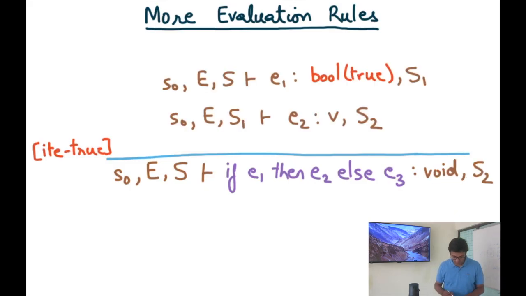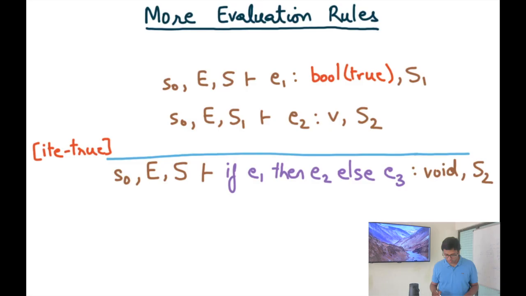This is the first rule, called if then else true, and it basically says that you first evaluate E1 in the same context S0, and if it evaluates to Boolean value true and side effects captured in the store S1, then you evaluate E2 in S1. Because the value returned by E1 is true, we evaluate E2, and notice that E2 is evaluated in the updated store S1.